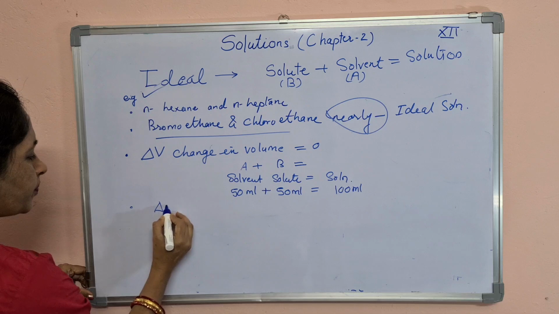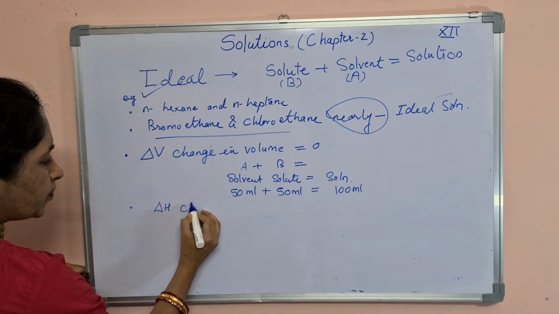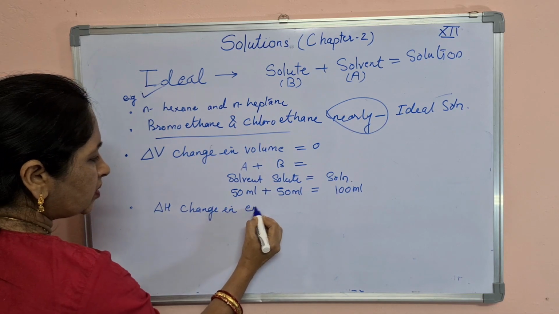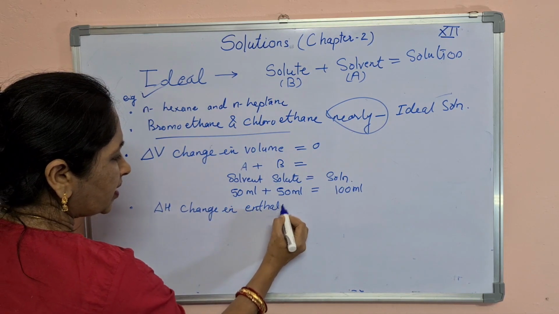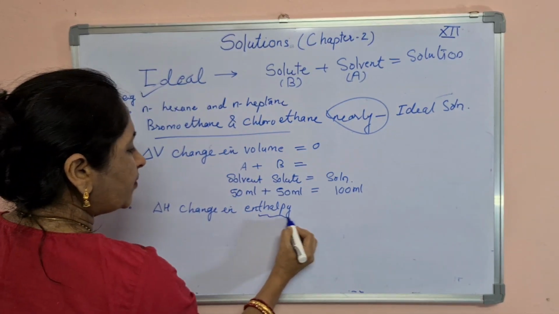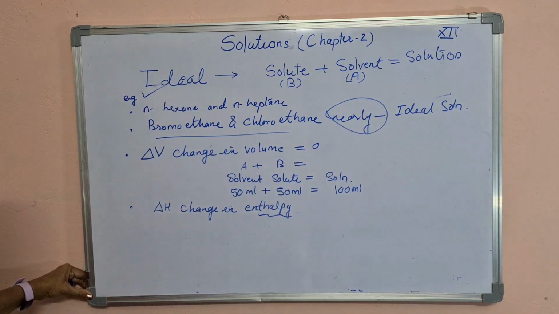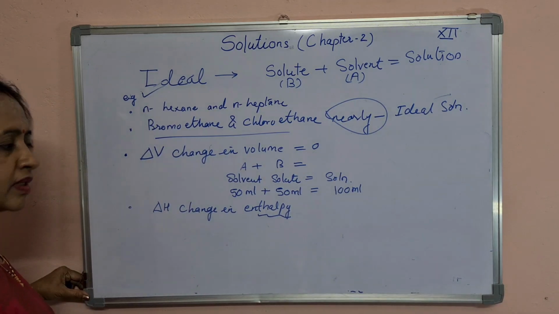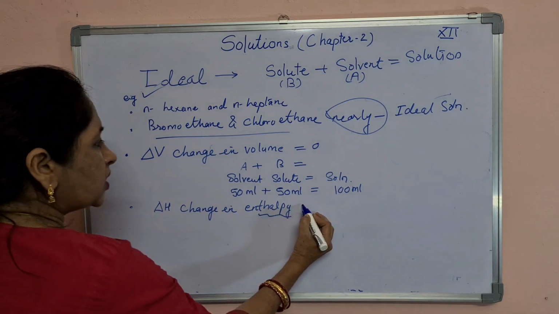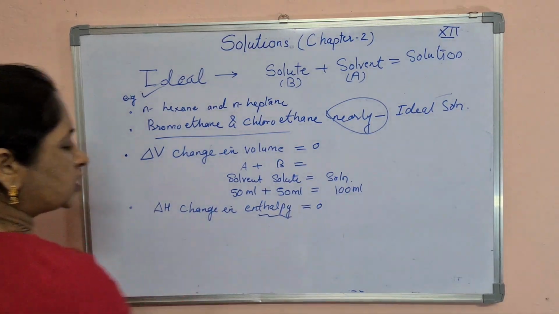Second, delta H. Delta H is change in enthalpy. Enthalpy term we have studied in 11th class thermodynamics chapter. The change in the heat energy is also equal to 0.